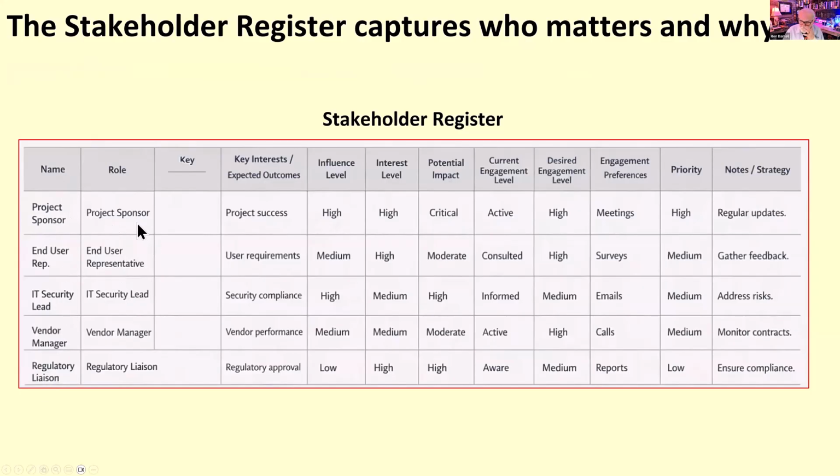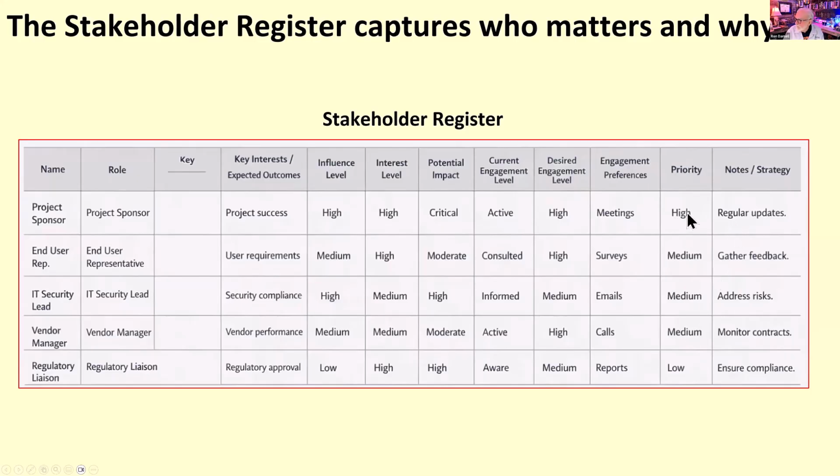We list the name, what their role is, what their project success is, what their interests are, what their influence level is using that influence diagram we had, their potential impact, that's that engagement matrix, their current engagement level, again the engagement matrix, where we want them to be, what preferences they might have, what our preferences are for engaging them, and what priority they are in this engagement process.